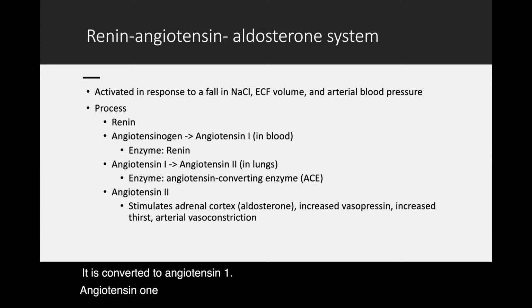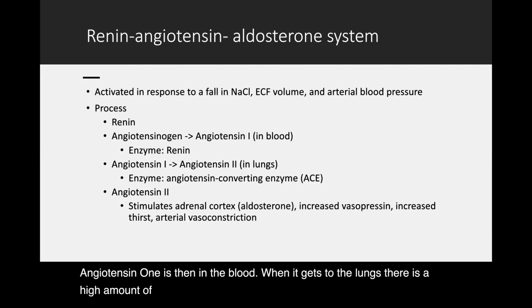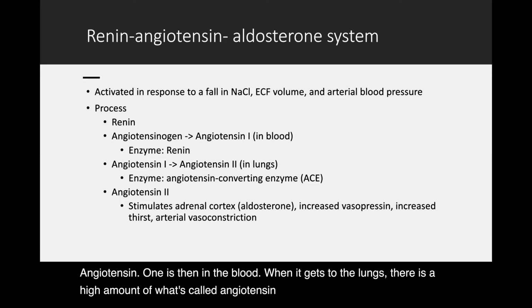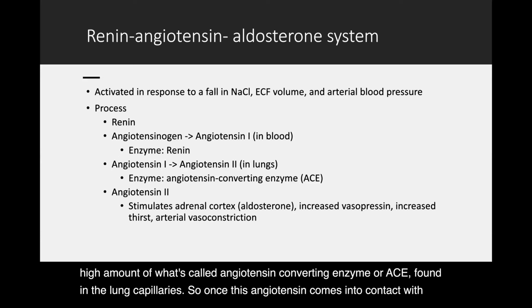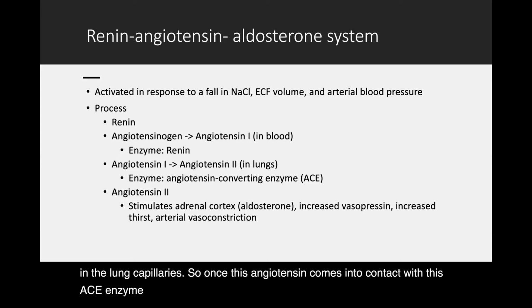Angiotensin 1 is then in the blood. When it gets to the lungs, there is a high amount of what's called angiotensin converting enzyme, or ACE, found in the lung capillaries. So once this angiotensin 1 comes into contact with this ACE enzyme, it is converted to angiotensin 2.